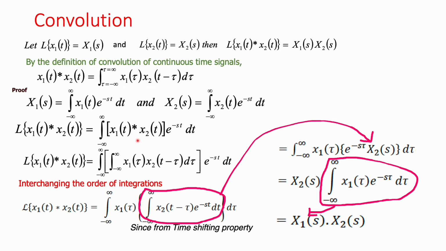Now this convolution can be replaced by the convolution formula like this. So what we are going to do? Integral minus infinity to plus infinity x1 of tau x2 of t minus tau d tau.